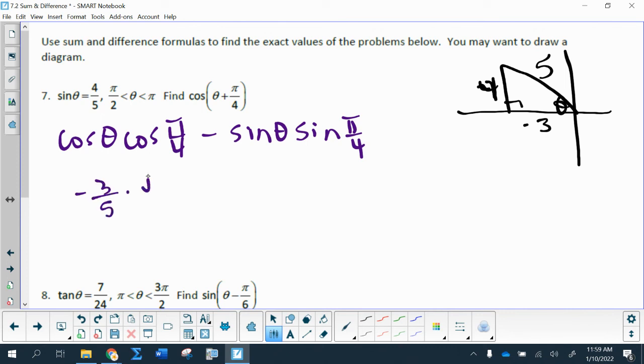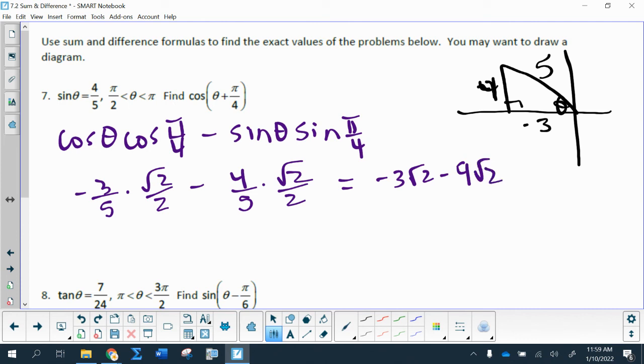Cosine of pi over 4 is root 2 over 2. Sine of theta was given to you, it's 4/5. And sine of pi over 4 is also root 2 over 2. So this whole thing simplifies to, let's see, negative 3 root 2 minus 4 root 2 over 10, which is negative 7 root 2 over 10.